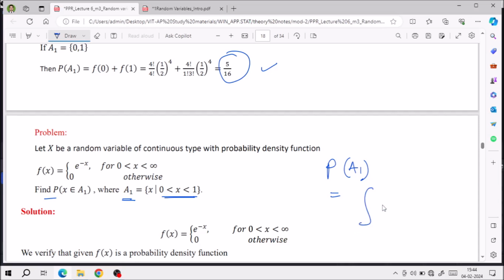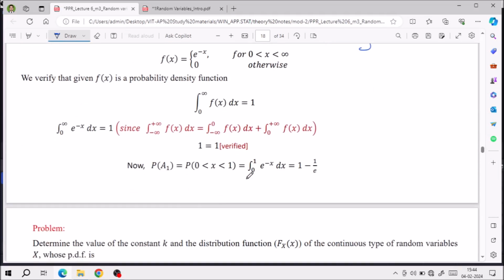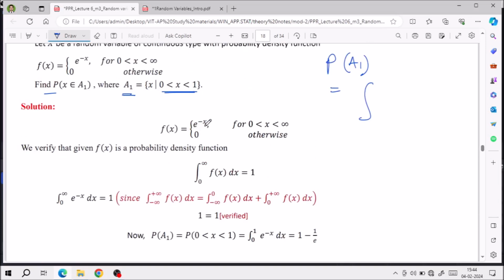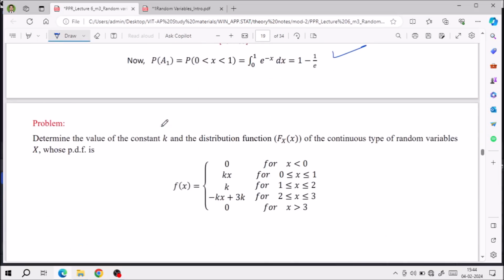Yes, tell me, integration, anyone? Just do the solution. What do you need to do? 0 to 1, yes. So only 0 to 1 you plug in. After that you just use the function properly and you will get the answer as 1 minus 1 by e. So try this question.